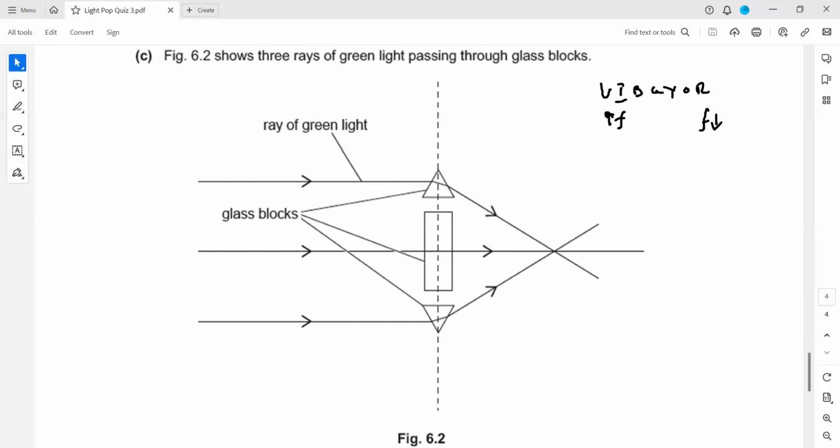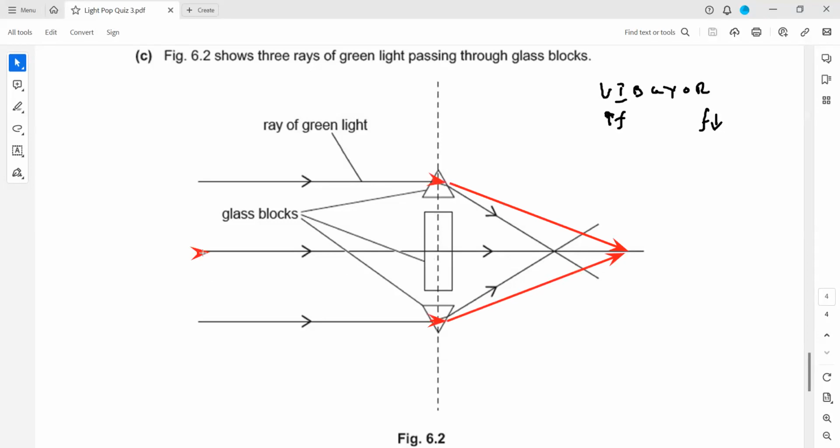So if this is a green light, and we want to show a red light, in air it will be the same, but the moment it enters the prism, it will bend less compared to green. And this will be the same thing. This is a green light. So compared to green, it will bend less.